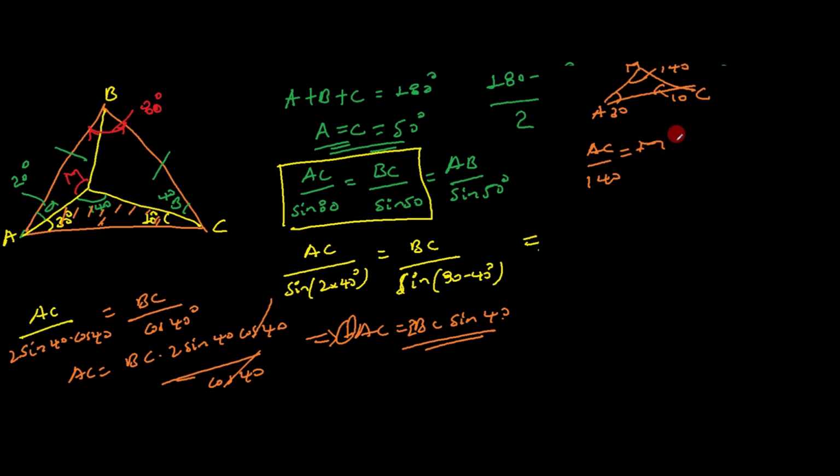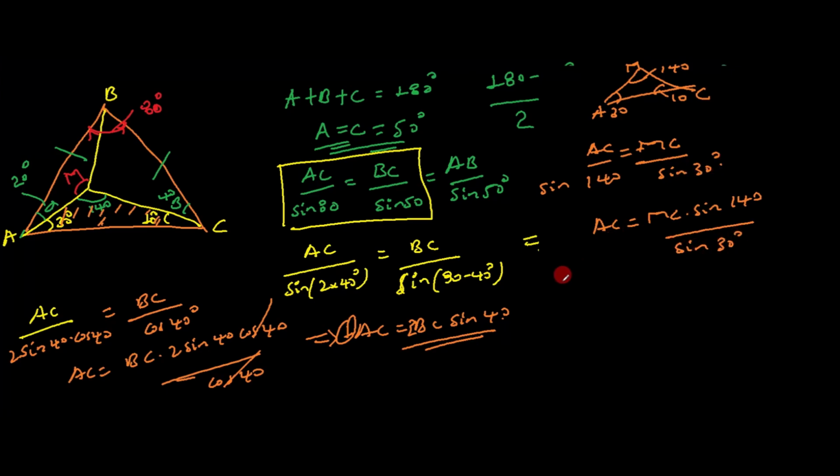MC over sine 30 degree. So let us find the AC value. AC is equal to MC times sine 140 over sine 30 degree.